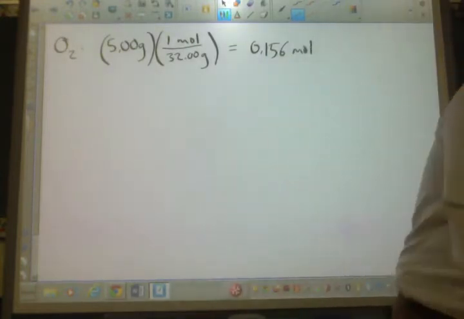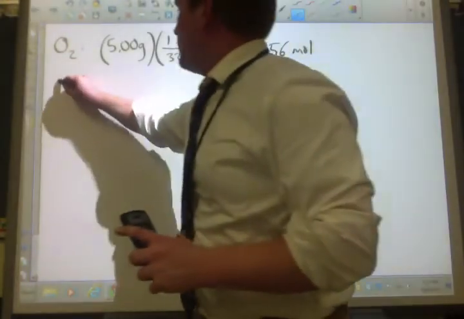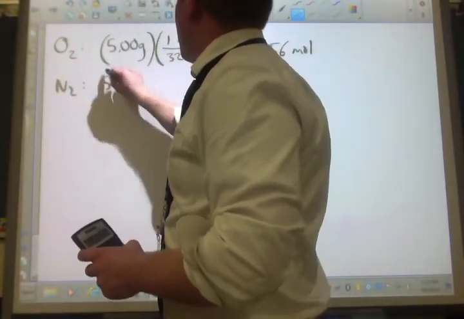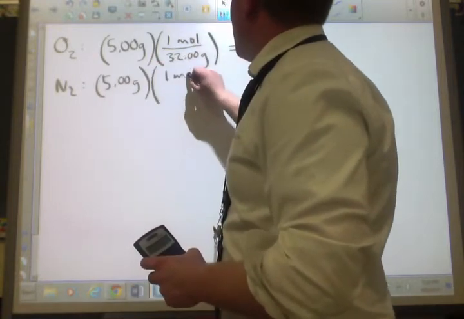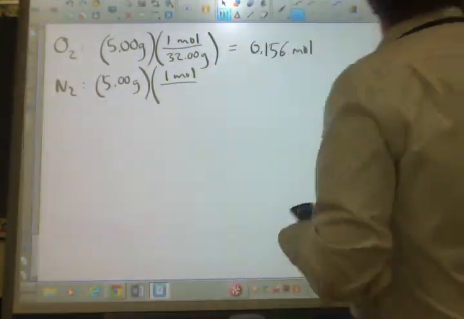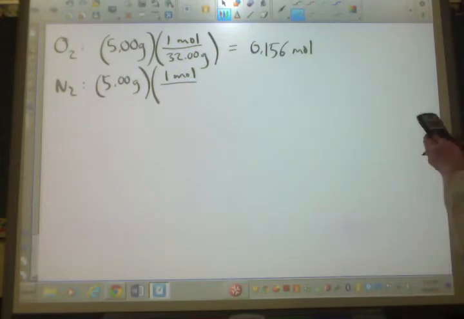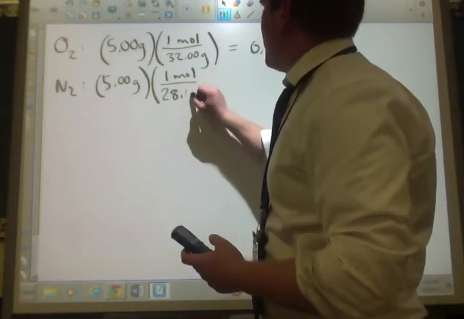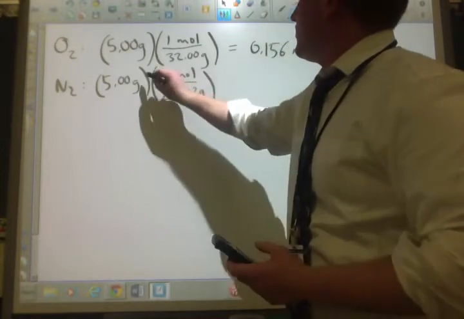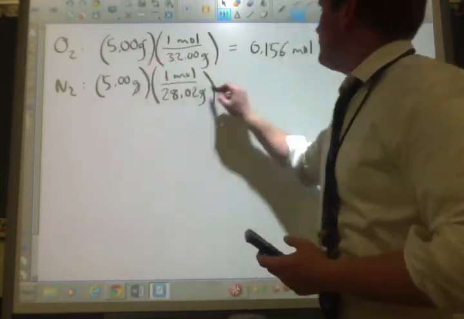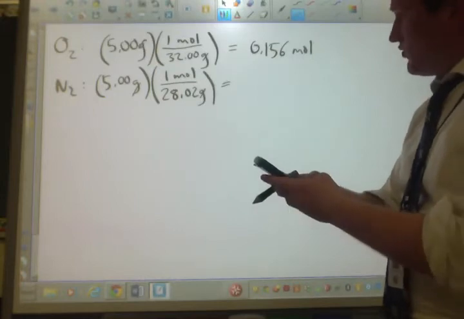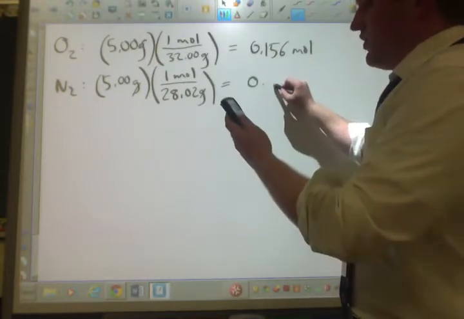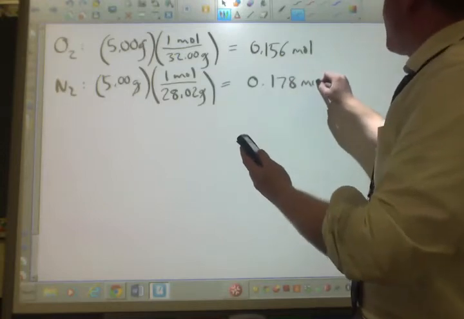Okay, next, N2. 5.00 grams times 1 mole over, I believe it's going to be 28. Yeah, 14.01. So that'll be 28.02 grams. Gram cancels gram. And that's going to be 0.178 moles.